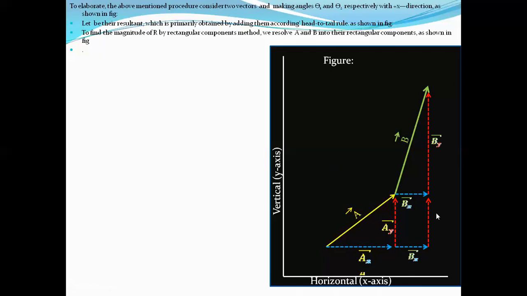Ax plus Bx, similarly Ay plus By. Now, if we want to calculate only the horizontal component, that means Ax plus Bx, then we will have a resultant Rx, which has the combined effect of A and B. So writing it in equation form, we have Rx is equal to Ax plus Bx.